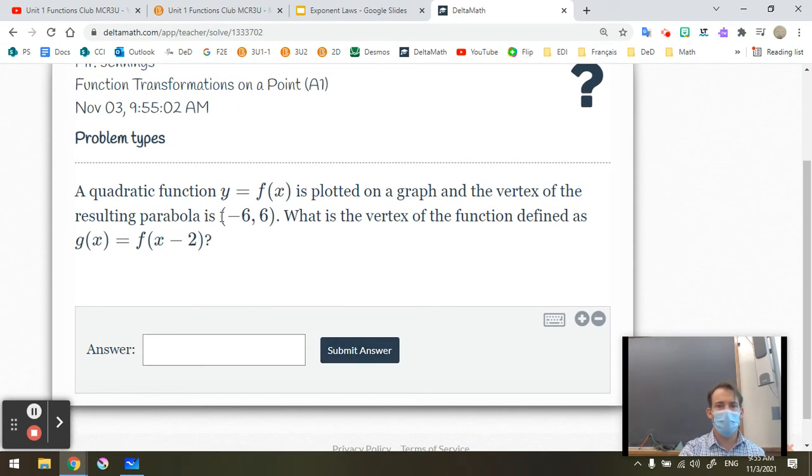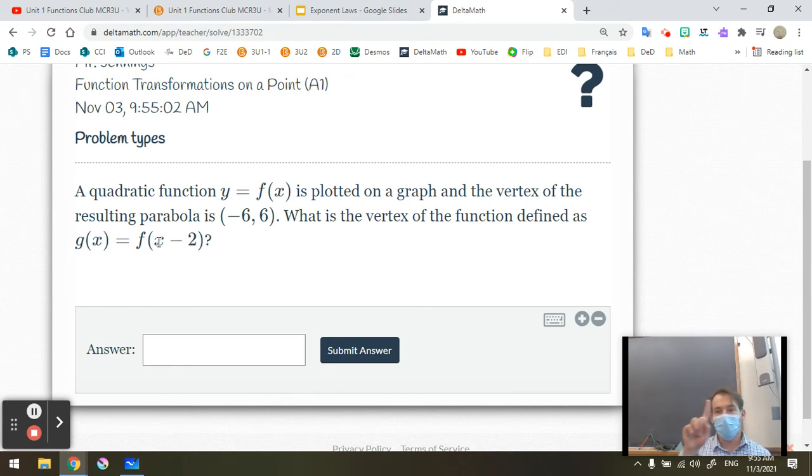So where will this vertex map to if I apply this transformation? Someone tell me what this transformation is going to do to g of x. Where is g of x going to be relative to f of x? Siraj. 2 to the right. This will move it 2 to the right. This is a set of instructions saying subtract 2 from all your inputs.